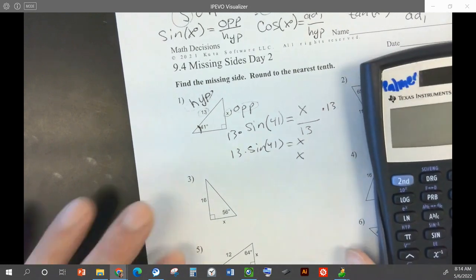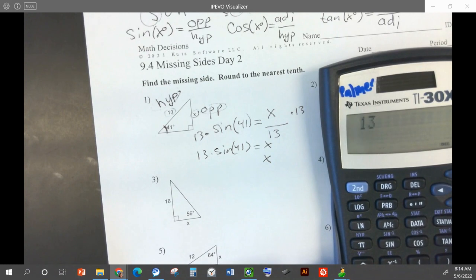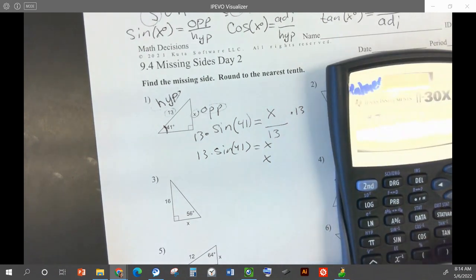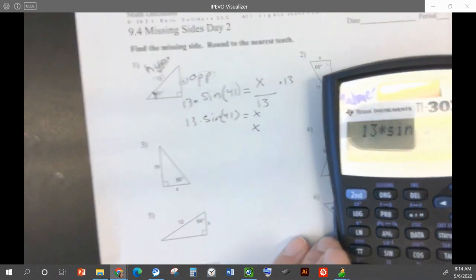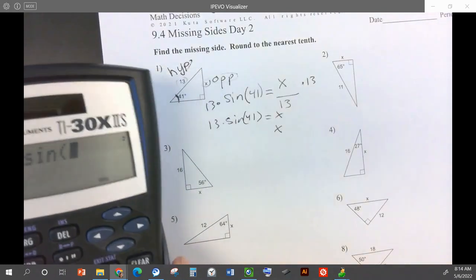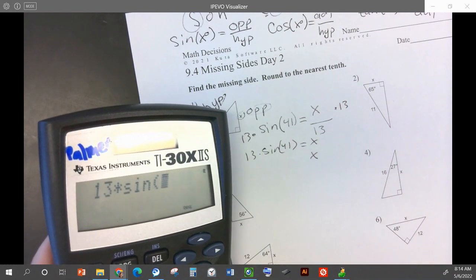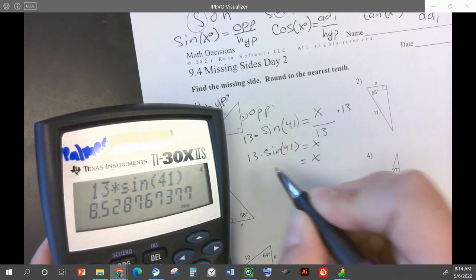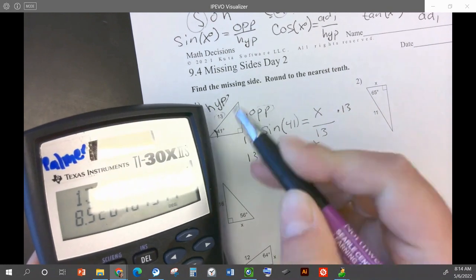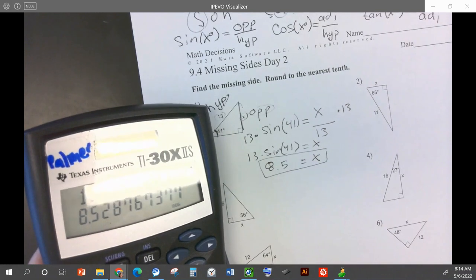You can type that in. 13 times sine of 41. So we've got 8.5. We just found this length. This length is 8.5. Okay, very good.